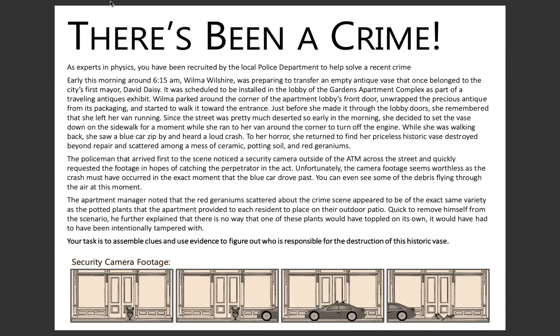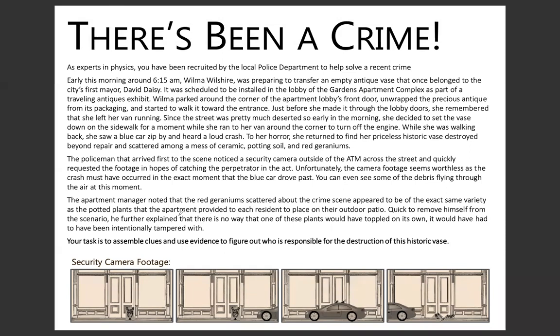So the important thing to realize from the prompt is that this vase is broken, but what broke the vase was something falling from the balcony. An object fell from the balcony, probably a planter, right?